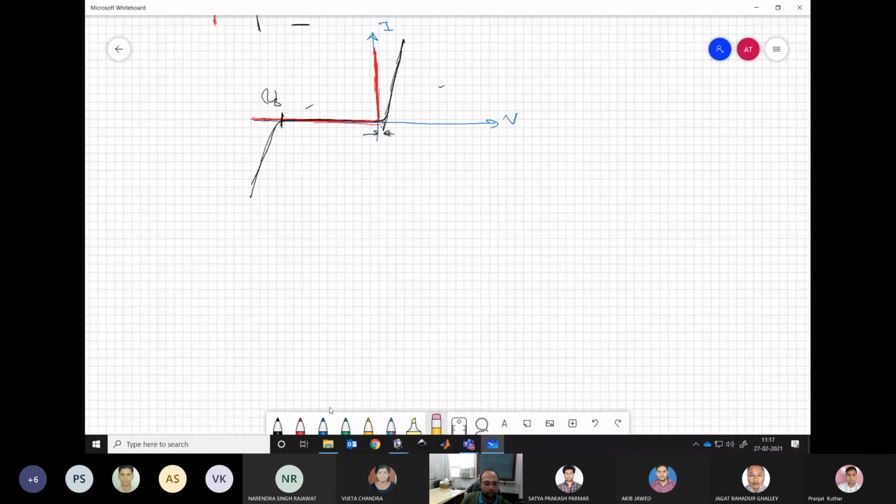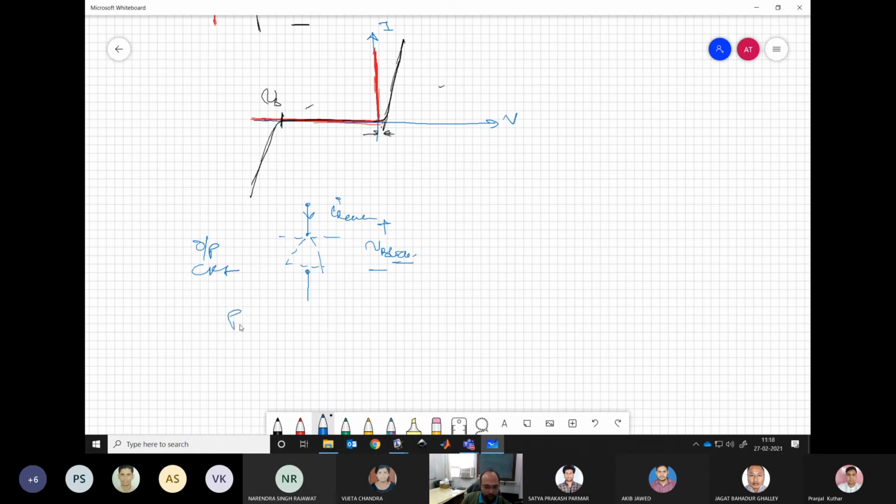So here, it is an open circuit with very minimal leakage current, and it can block the voltage in this direction.